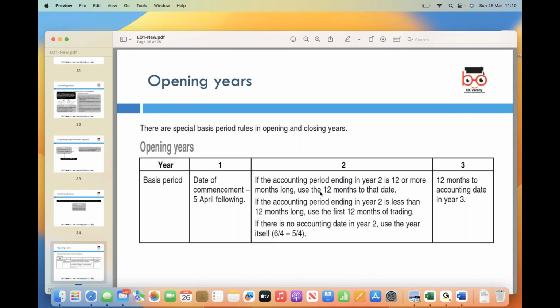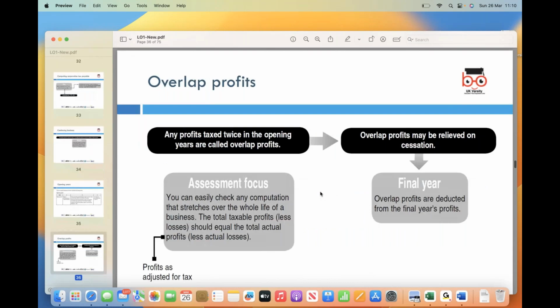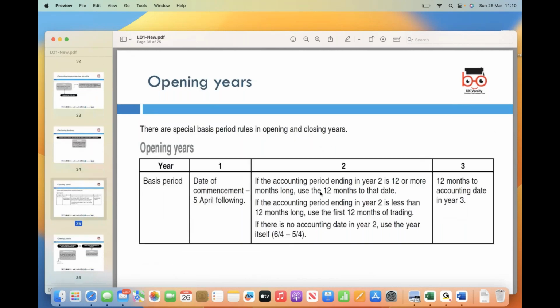For example, if a sole trader prepares their financial accounts up to 31st of December each year, then the basis period for the 2016-17 tax year would be the year ending on 31st December 2016.